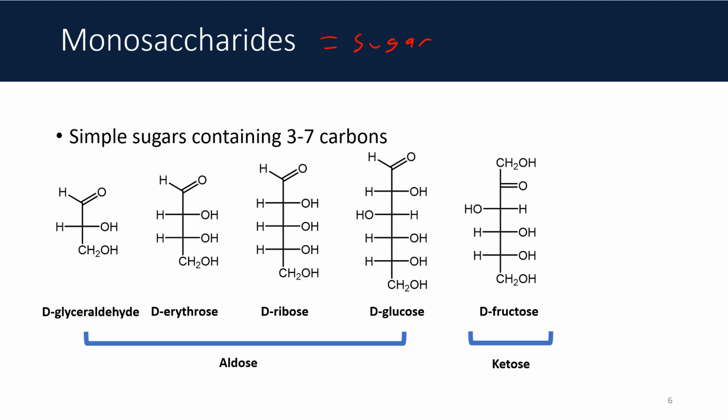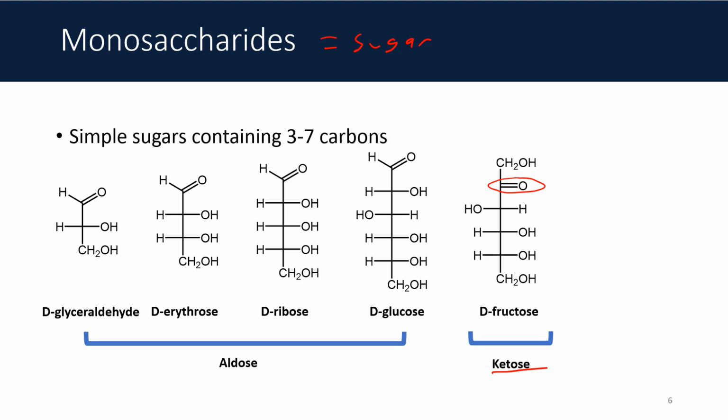We can subcategorize the monosaccharides into one of two groups depending upon where that carbonyl functional group is within the chain. If it is in the middle of the chain, and it can be kind of on the fringe or dead set in the middle, doesn't matter, so long as we're dealing with a ketone, that means we're dealing with a ketose sugar.